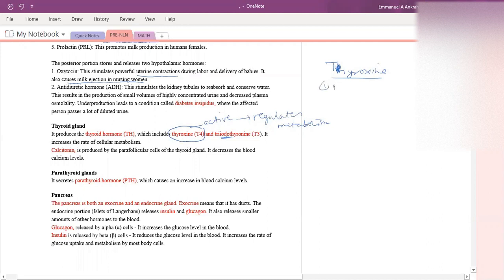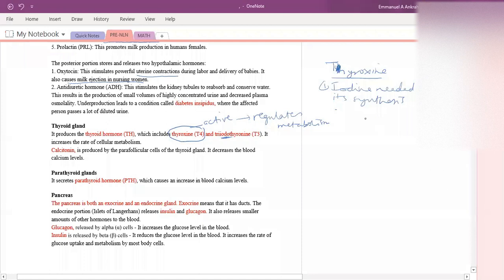So one, iodine is needed for its synthesis. So you need iodine for synthesis of thyroxine, right? So if somebody is deficient in iodine, then you have low production of thyroxine, that it will not function well, okay? And that leads to a condition known as goiter, where the thyroid gland becomes swollen.